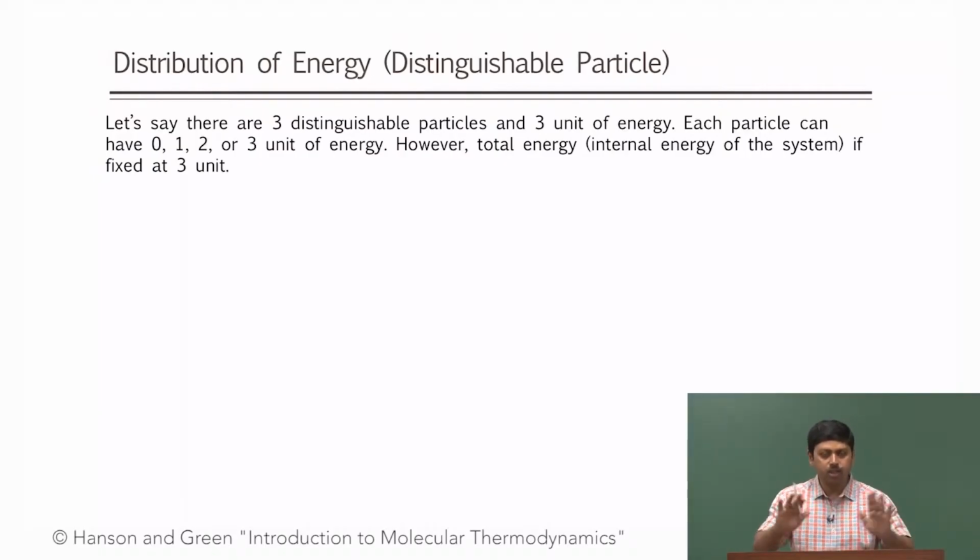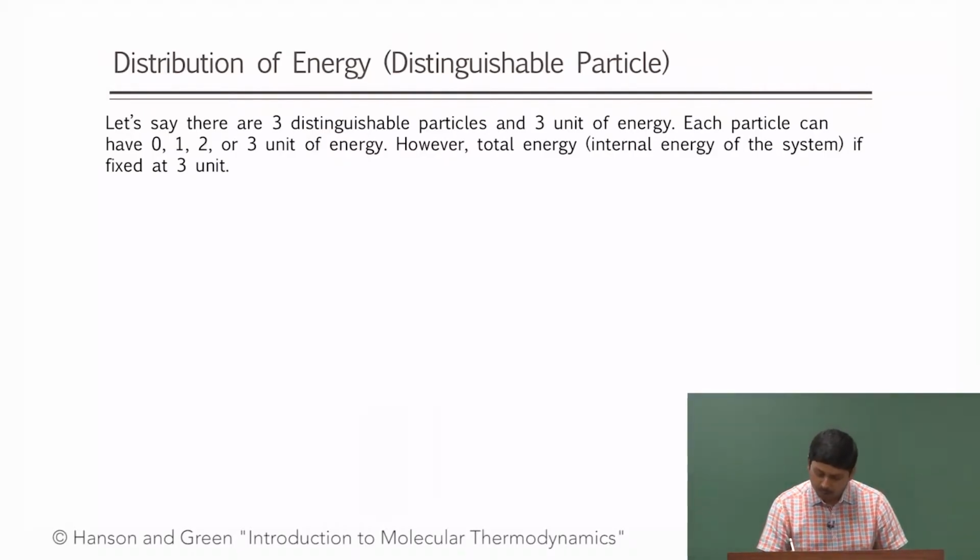Energies are indistinguishable. So, let us say I have 3 distinguishable particles and 3 units of energy which are indistinguishable. This problem is, as I discussed before, putting indistinguishable particles in distinguishable boxes.